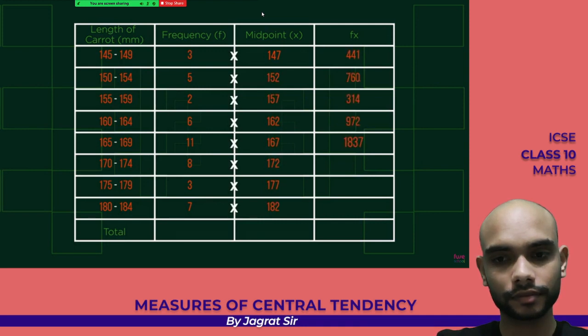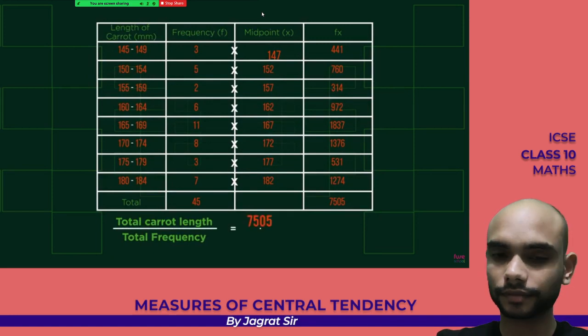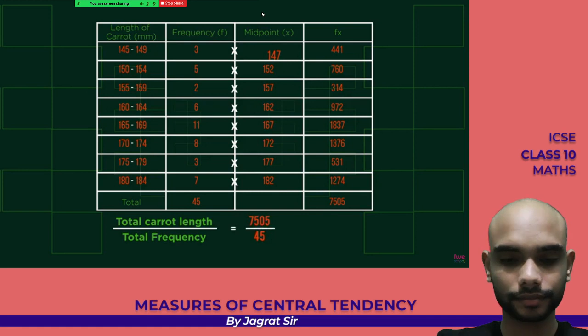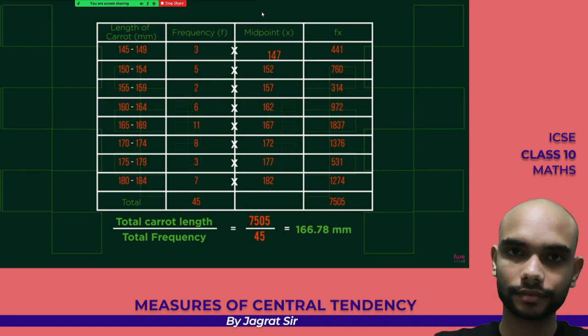The sum of fx is the total lengths of the carrots, if they were placed end to end. To find the mean length, we need to divide the sum by the total number of carrots, the frequency. This gives us a mean carrot length of 166.78 millimeters, rounded to 2 decimal places.